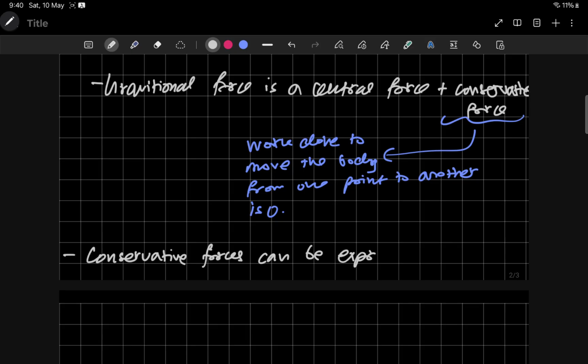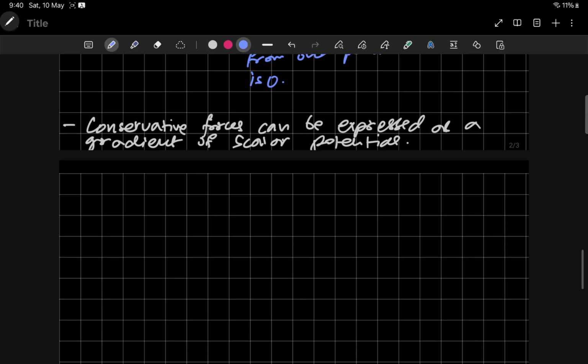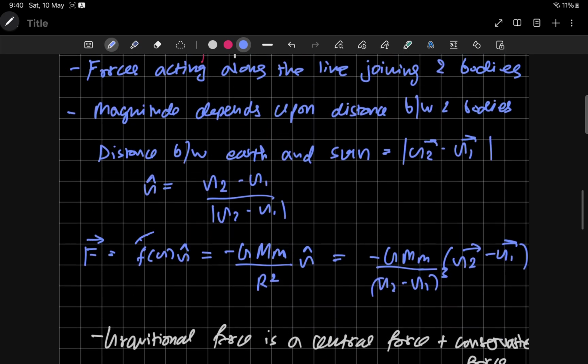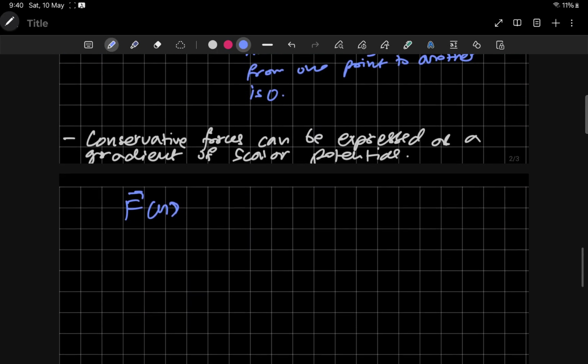So that means I can express this force that we have defined here as the gradient of some scalar potential.